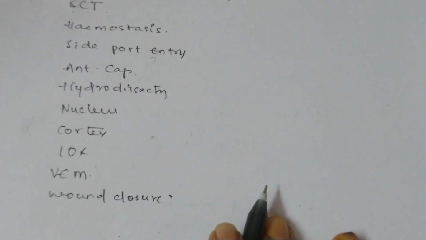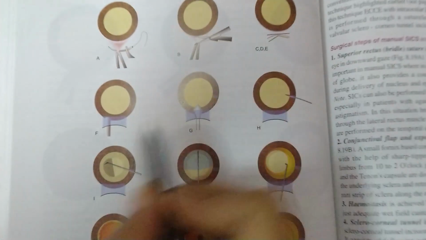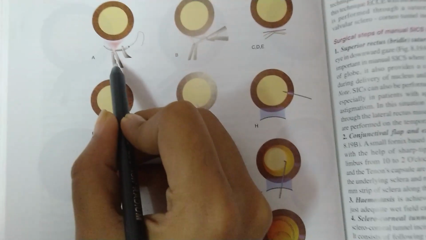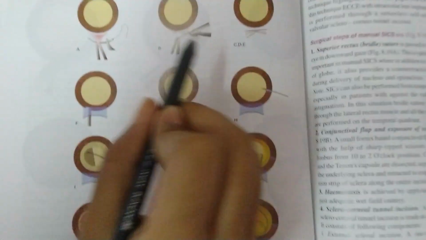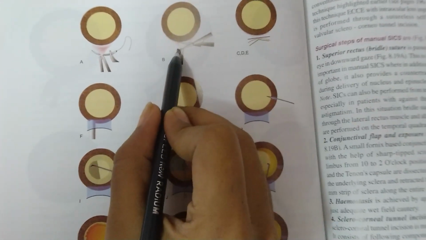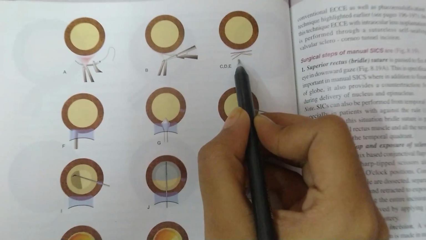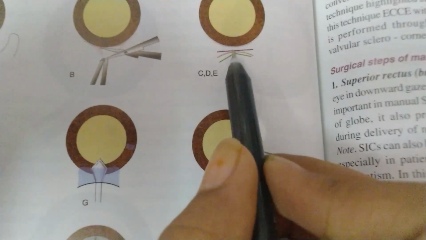So we will see a diagrammatic representation of small incision cataract surgery. These are the steps of SICS, that is small incision cataract surgery. The first step is the bridle suture, that is a suture made to the superior rectus muscle, and the second step is making of the conjunctival flap, and the third step is the external scleral incision, and there are three types of incision in this.